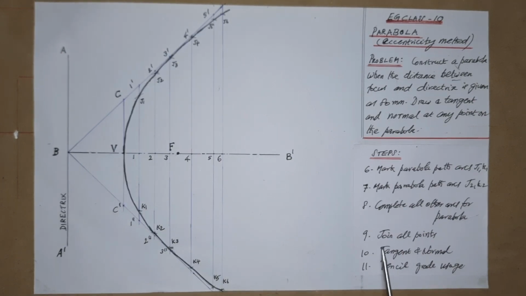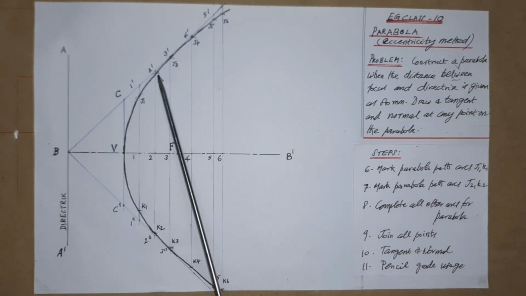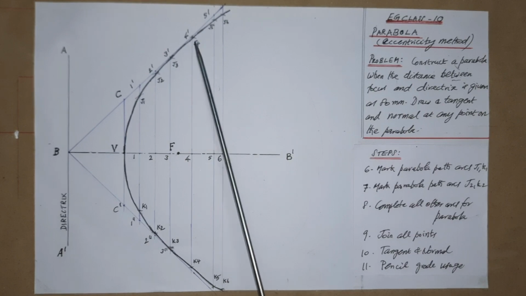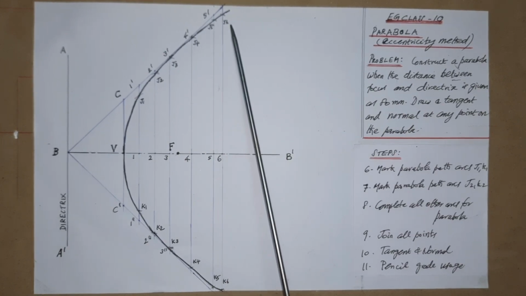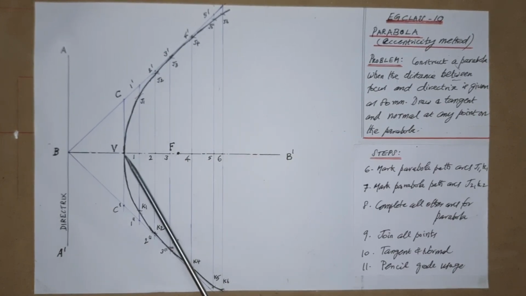Next, as per step 9, you have to join all the points for the parabola. For that, starting from V as shown here, V to J1, J2, J3, J4, J5, J6. Then V to K1, K2, K3, K4, K5 and K6.